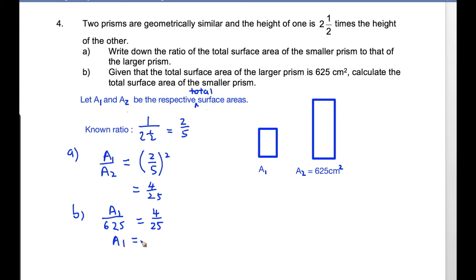This gives us A1 equals 200 cm squared. Therefore, the total surface area of the smaller prism is 100 cm squared.